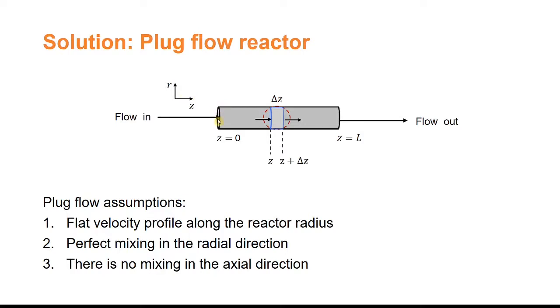In the Z direction, we start off at Z equal to 0 and end up at Z equal to L. We draw our control volume as an element of volume with length delta Z. And this is because we would like to find out what the profiles of conversion or composition and temperature in this reactor are. So this is going to be a distributed model, not a lumped model.